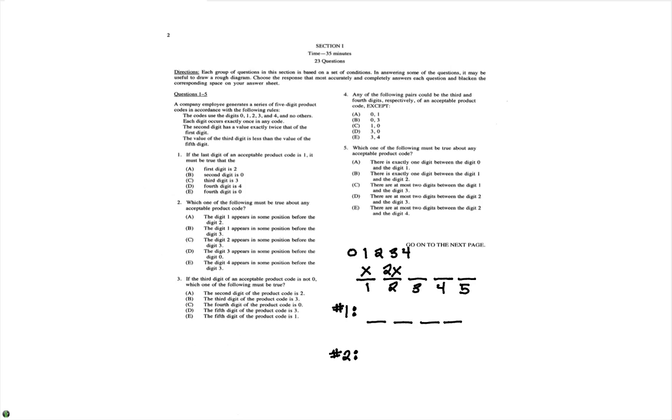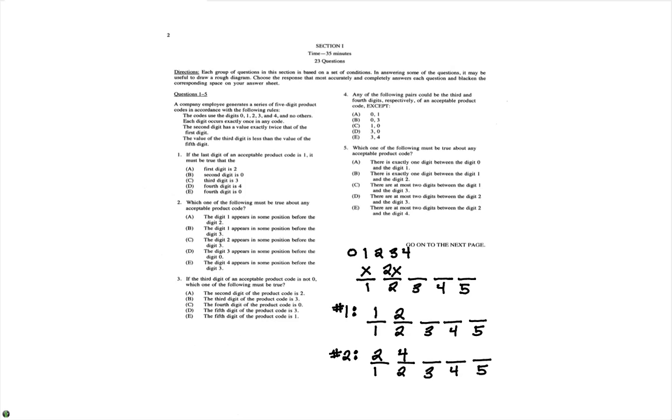First, we could have 1 go first, exactly twice that would be 2, and that would go second. Or the only other possibility is that 2 goes first, exactly twice that, 4 goes second.